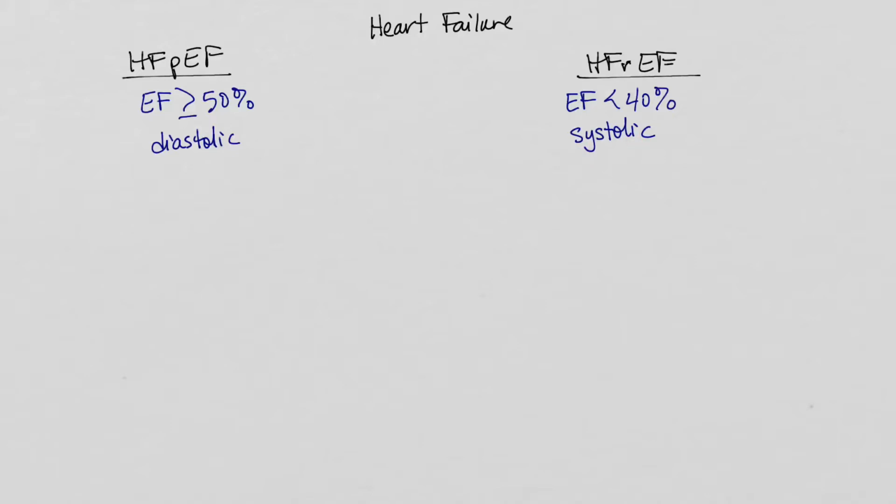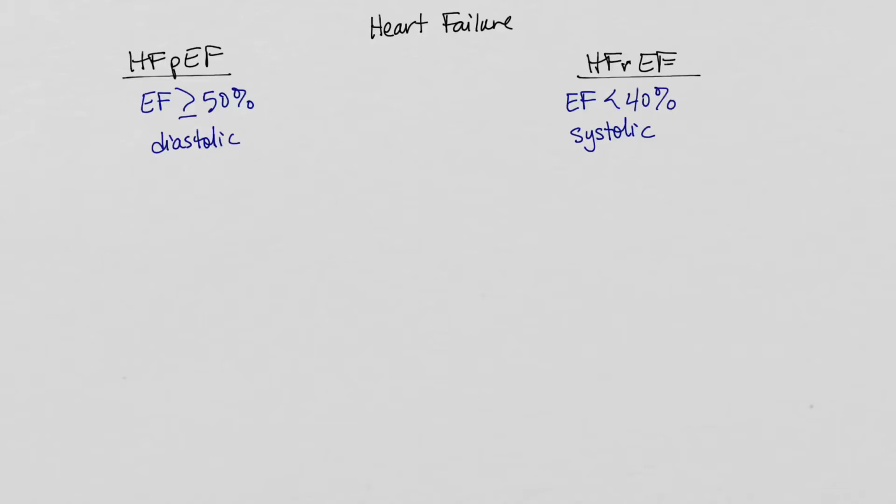In reality, this is a bit of an artificial separation because patients can have both diastolic and systolic problems. These are really echocardiographic findings. So it's cardiologists looking at the way the ventricle contracts and the way the ventricle relaxes, and complex equations and the way the blood is moving.